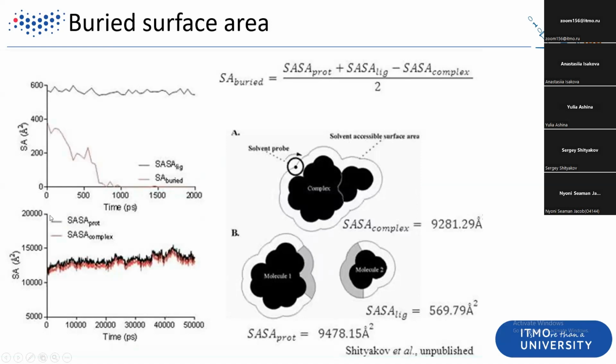We could also calculate the buried area, and this buried surface area was calculated using this equation, using the area between the cyclodextrin and peptide T to describe the interaction interface.